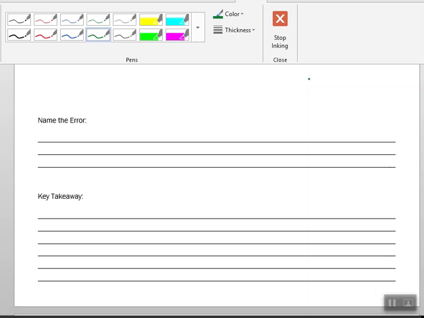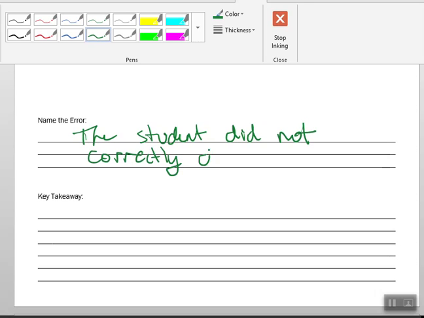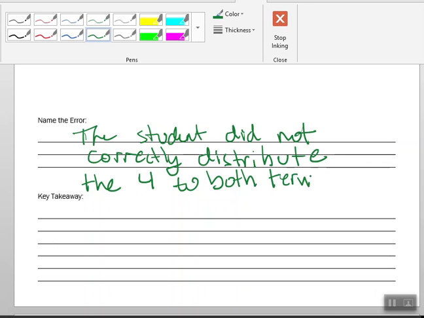The error is that the student did not correctly distribute the 4 to both terms inside the parenthesis.